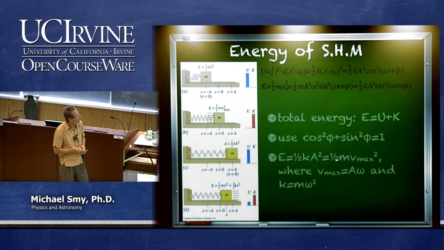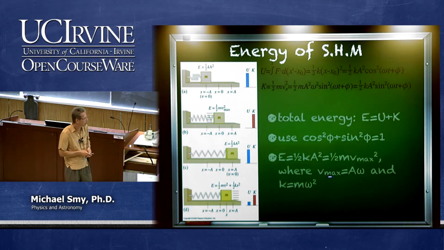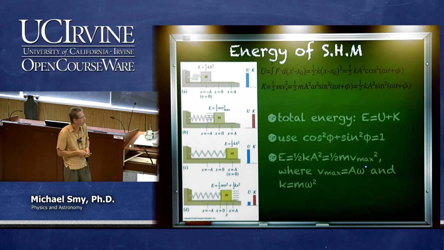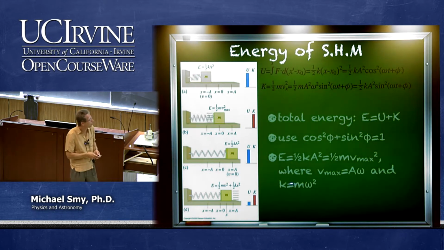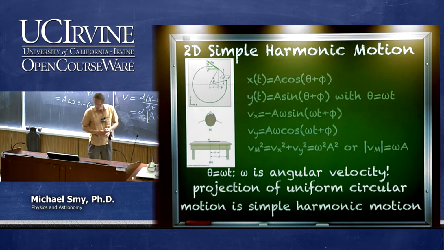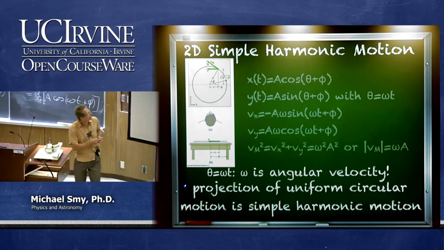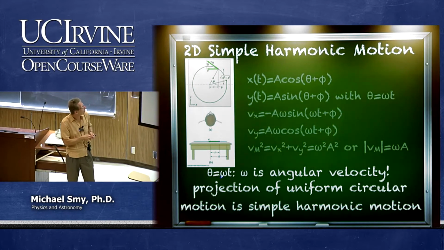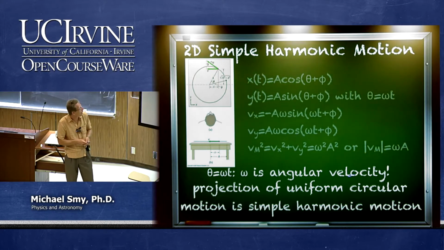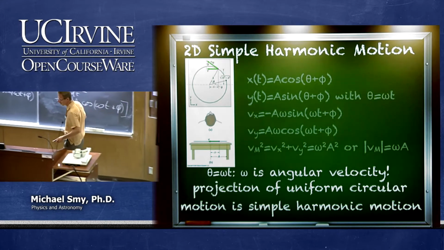And that happens to be the same as 1/2 the mass times the maximum velocity squared. And again, the maximum velocity is A times omega. And of course, k equals m omega squared. So to reiterate, we can relate theta to omega t, and so omega is an angular velocity, and the projection of a uniform circular motion is a simple harmonic motion.